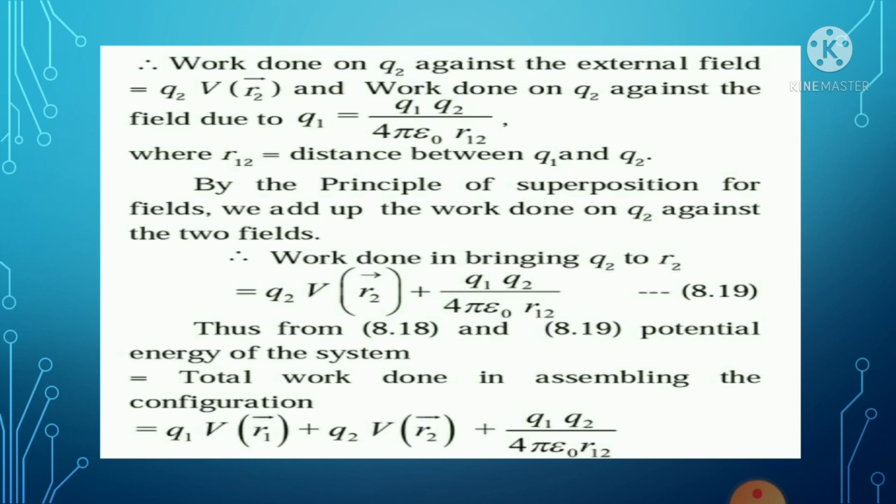From these, we can find the total work done, which is nothing but the potential energy of the system, equal to Q1 V of R1 bar plus Q2 V of R2 bar plus Q1 into Q2 divided by 4 pi epsilon 0 R12.